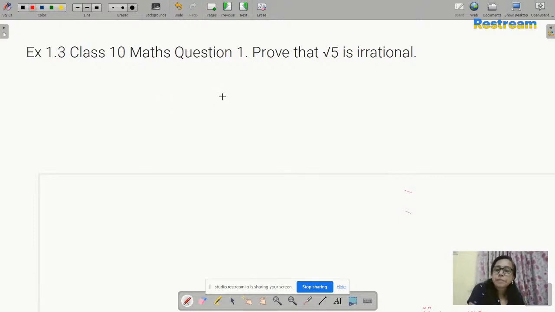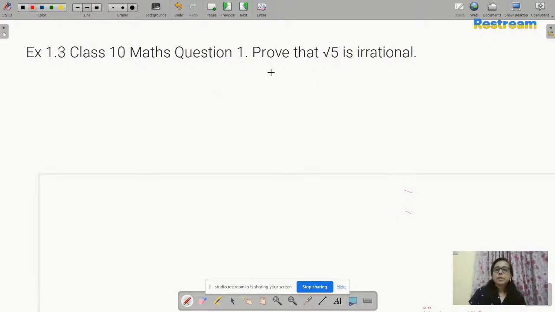A rational number can be expressed in the p by q form, right? All rational numbers can be expressed in p by q form, where p and q are integers and q is not equal to 0. That is the real definition of a rational number. But if it is irrational, we cannot write it in p by q form.